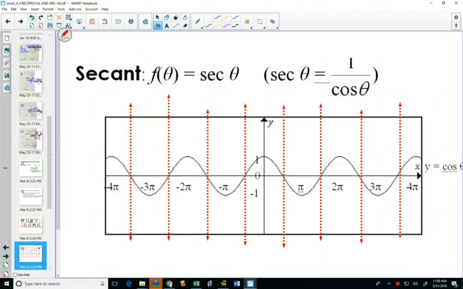And labeling them, well, we have x equals pi over 2, x equals 3 pi over 2, x equals 5 pi over 2, x equals 7 pi over 2, and the same thing in the negative direction.